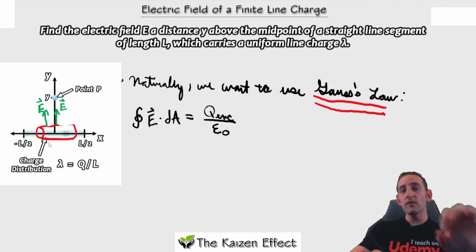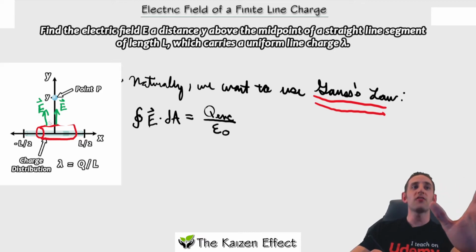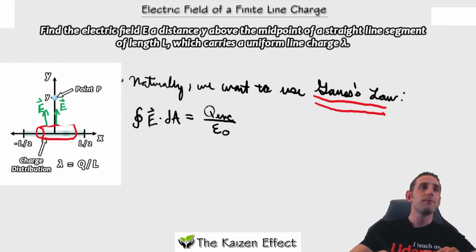So all along this cylinder, E is a constant because you're going to have the same amount of charge on the left as you do on the right. So the contribution at any location along this cylinder is going to be the same. Okay? So in essence, something special happens for this guy right here, as we're going to find.